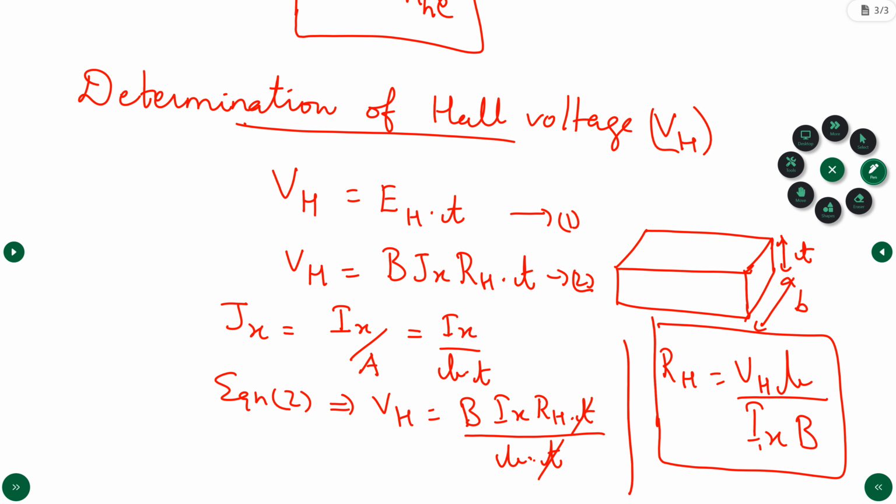So from this, if the R_H is negative, then you can come to a conclusion it is a N-type semiconductor. If it is positive, then okay, that's all. So determination of Hall voltage, this is how you can determine that. Hall voltage, this equation, then Hall coefficient means this one. Just rearranging, you will get that.